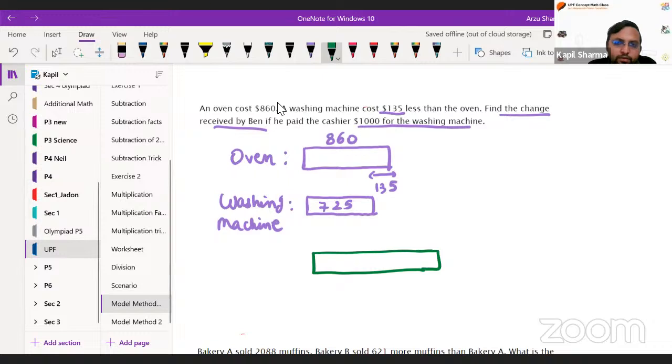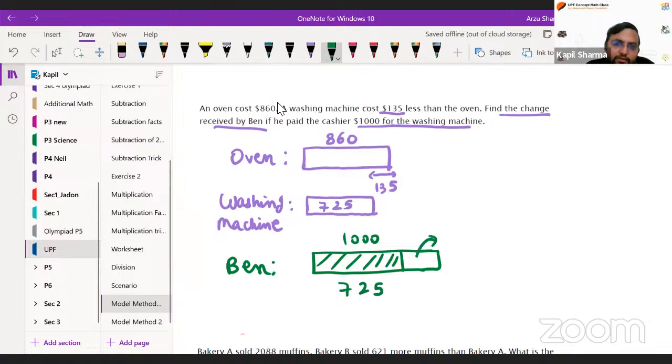Now I'm representing the total money Ben gave to the cashier. So this represents $1,000. Now, since he bought a washing machine, this much is paid to the cashier for the washing machine, which is basically 725.